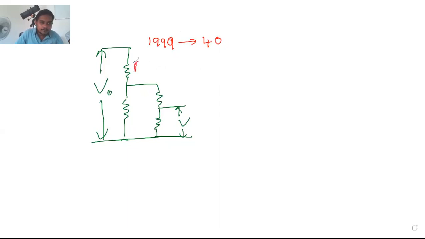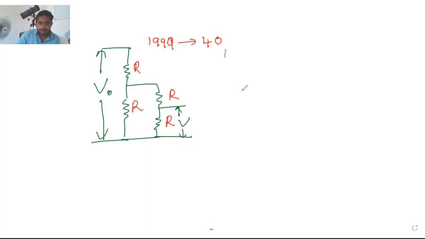This is R. This is R. Okay. Normally, if you're getting MCQs, you don't need to do MCQs with equations. The answer is B.